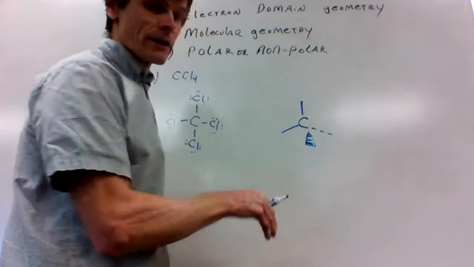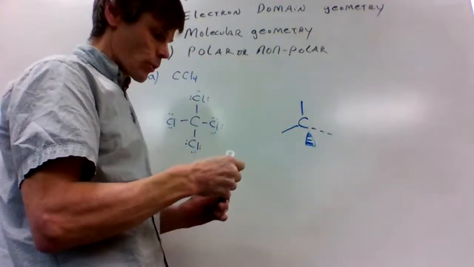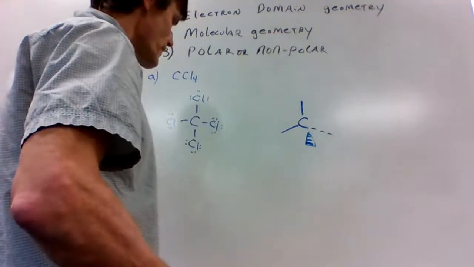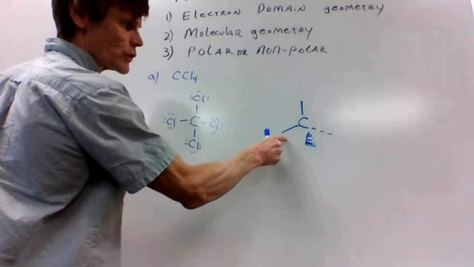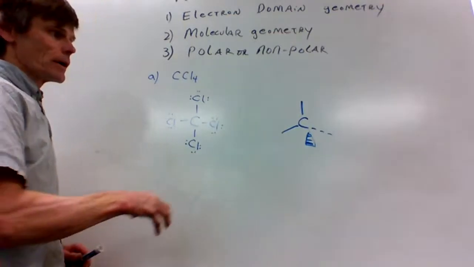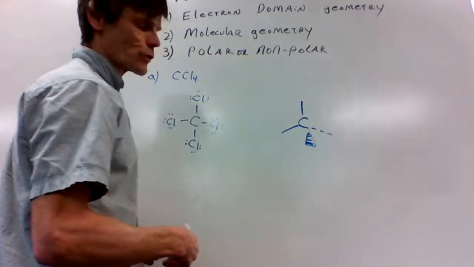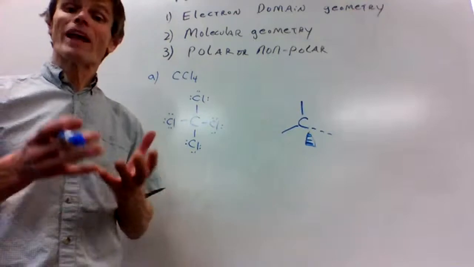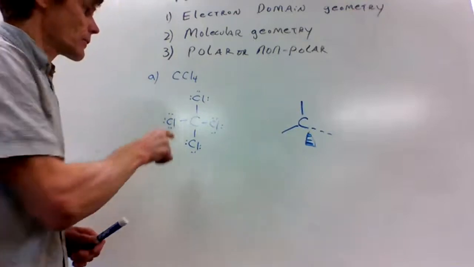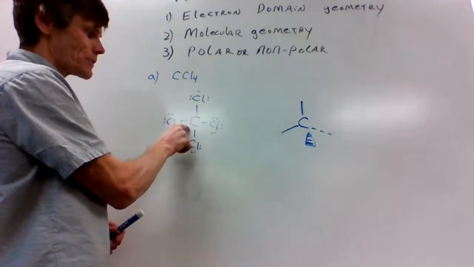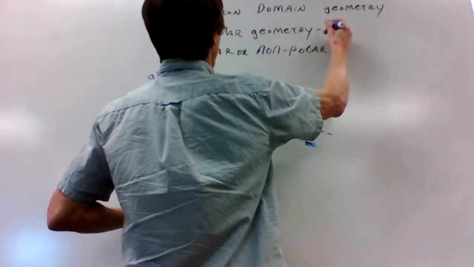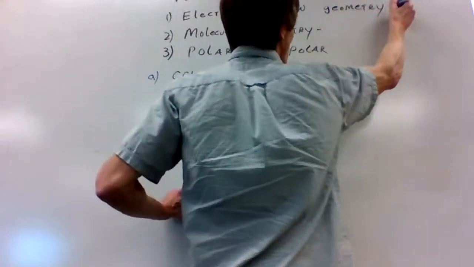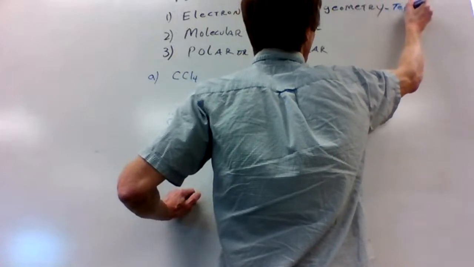The dashed line are the regions behind the board. Now, in this case, and this would give us our electron domain geometry, all these regions around the central carbon atom are what we call electron domains. There are 4 electron domains about the central carbon, and this tells us that our electron domain geometry is tetrahedral.